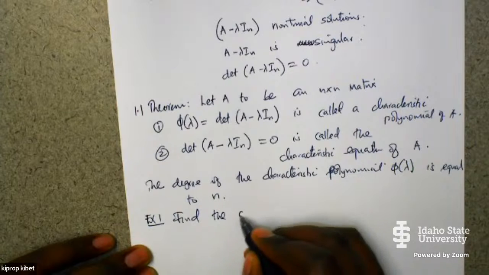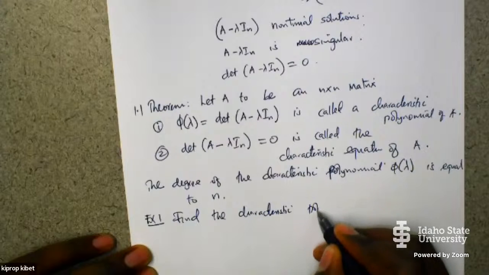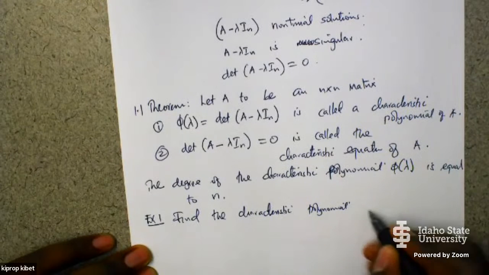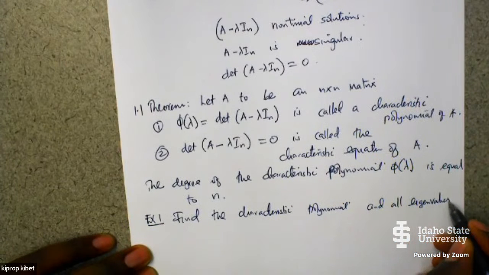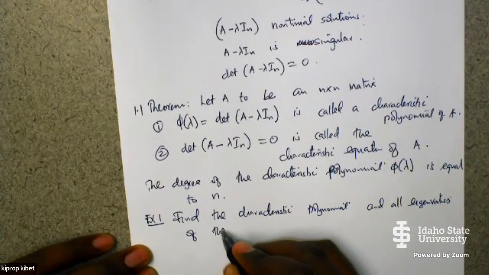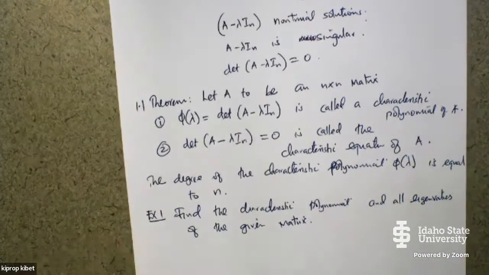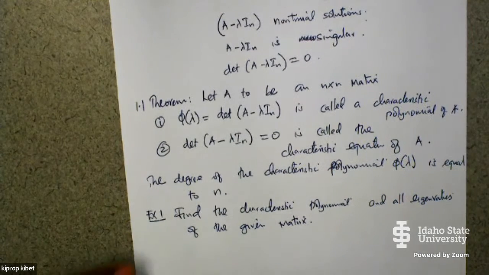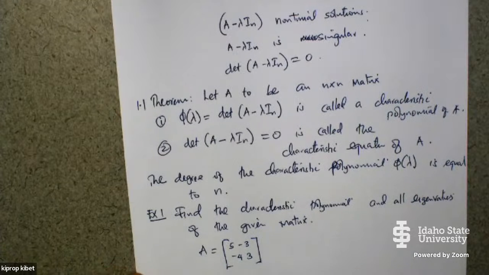Find the characteristic polynomial and all eigenvalues of the given matrix. We are given the matrix A equals 5, minus 3, minus 4, and 3.